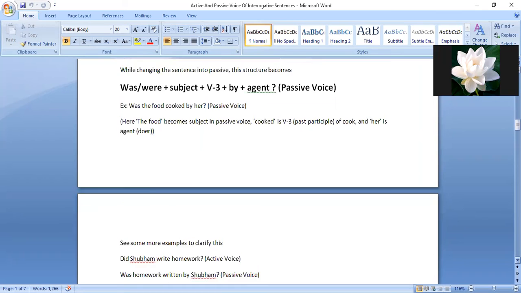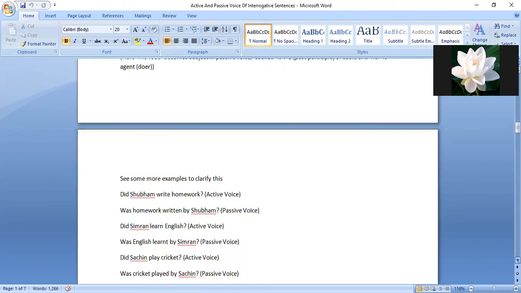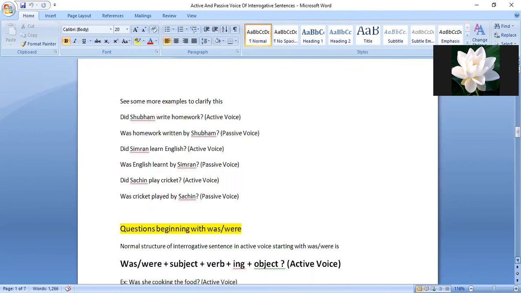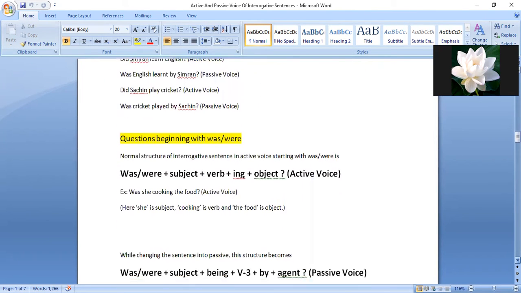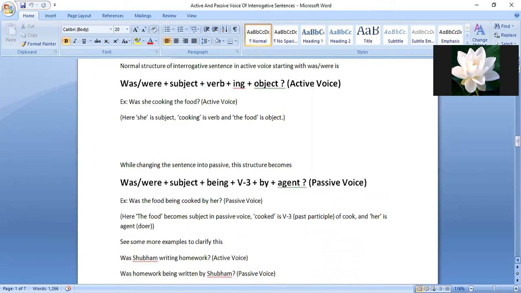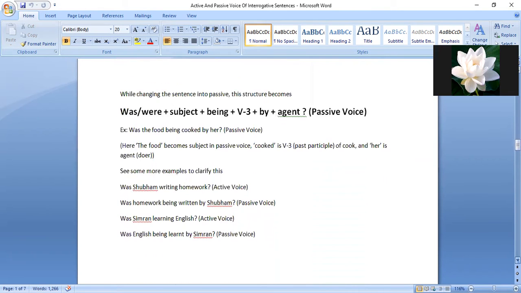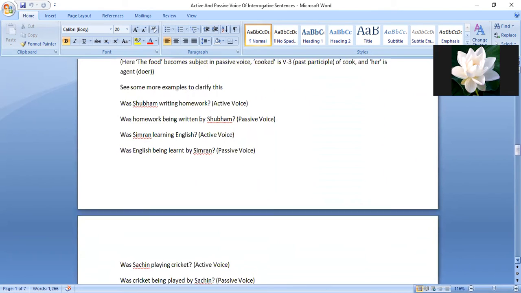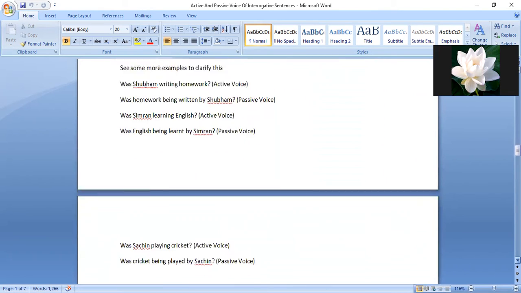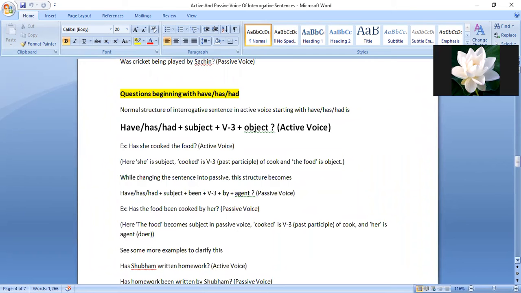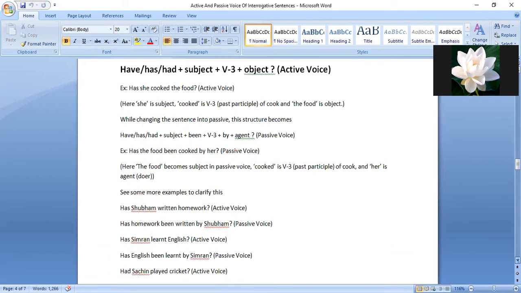Then it will be very helpful for you. Moreover, questions beginning with was and were are past simple and past continuous, and questions beginning with have, has, had are perfect tenses. All the perfect tenses together I brought before you.